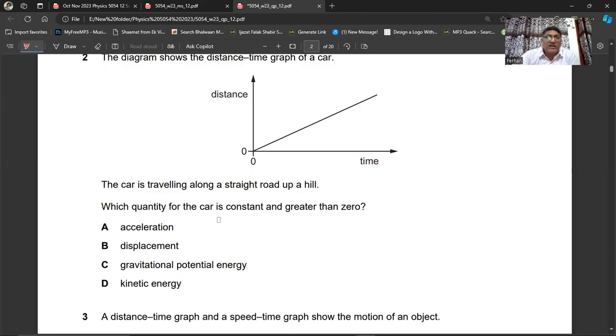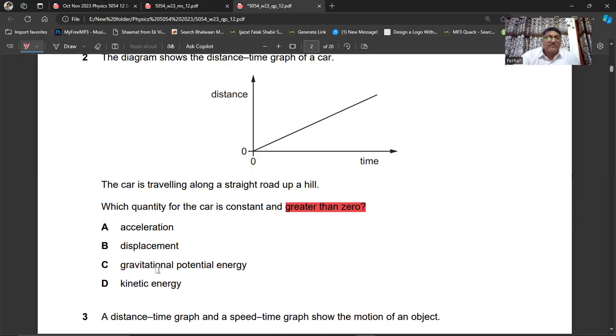Acceleration, no. Displacement, no. Acceleration is not constant and greater than 0, because when the velocity is constant, the acceleration is 0. But here it should be greater than 0. That's why acceleration is not the answer.